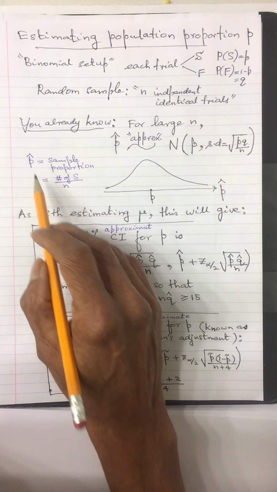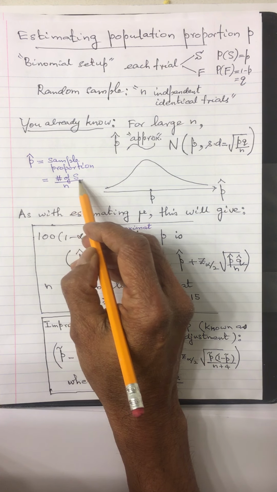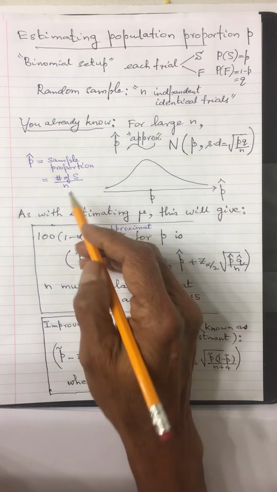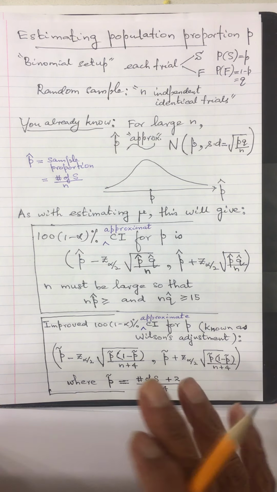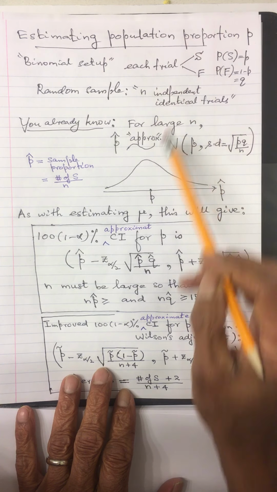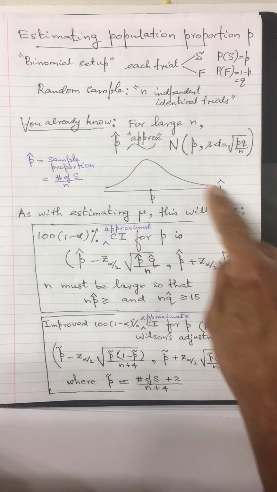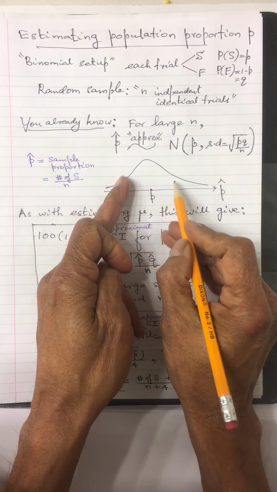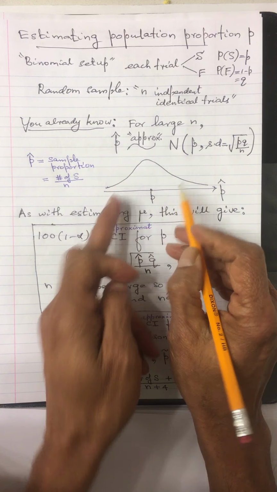The p hat is the sample proportion, which is the number of S values in your sample divided by the sample size. Just like in estimating the population mean mu, we use this curve and put 1 minus alpha within that.